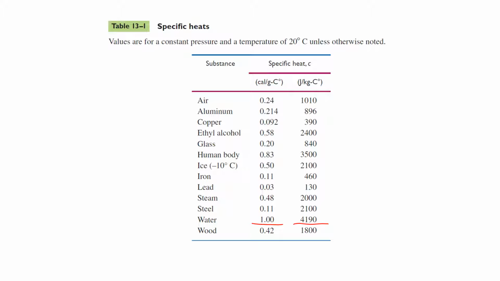Liquid sodium has a higher specific heat, but it's not on this list, and it's also explosive. But for some applications, liquid sodium makes a wonderful coolant. And that's really what this list is giving you, is how capable the material is of absorbing heat. So water absorbs a tremendous amount of heat for a small temperature change, whereas something like steel takes a much smaller amount of heat to raise its temperature.